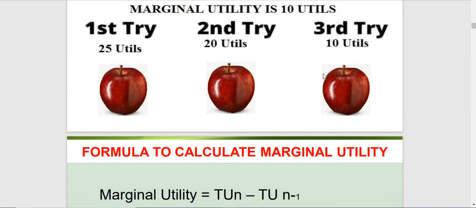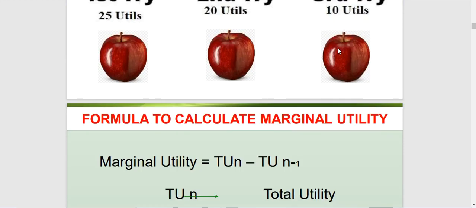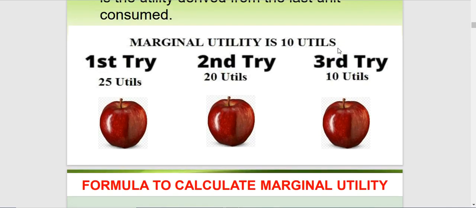Here let us see that the total utility of n units becomes the addition of 25 plus 20 plus 10, which makes it 55. So when you are taking into account the contribution made by the third unit, you will take into account 55 minus 45, that is 10.